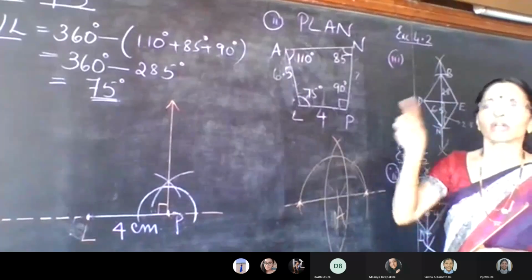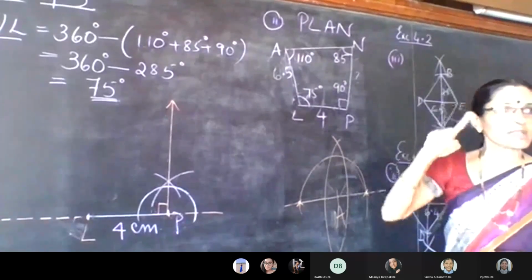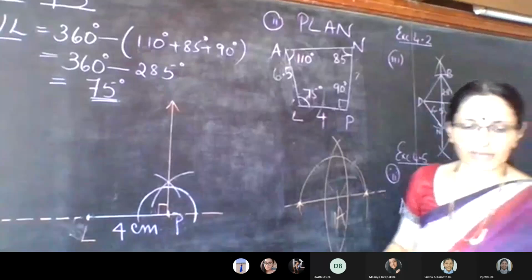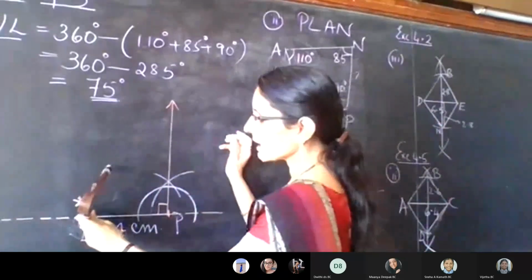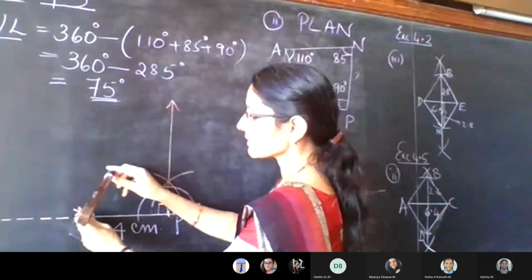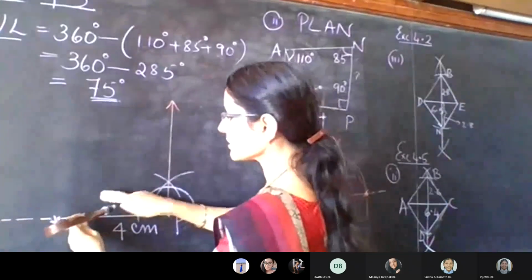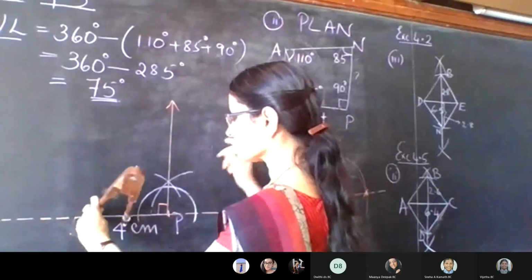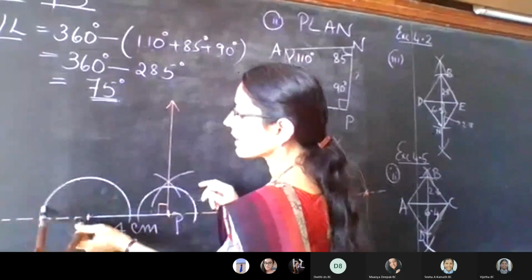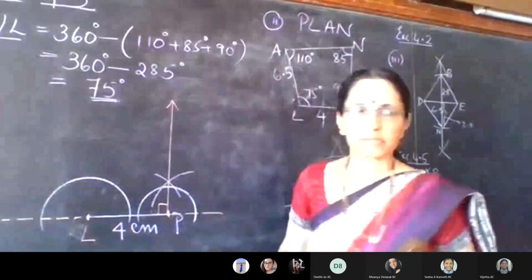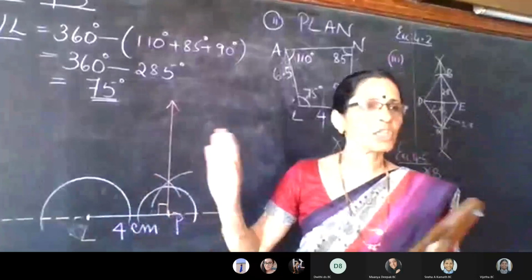Now at L, I have to repeat the process. But I will be drawing 60, 60, 60 because my focus is to construct 75. So at L, I am drawing a bigger semicircle. These and this need not be same.